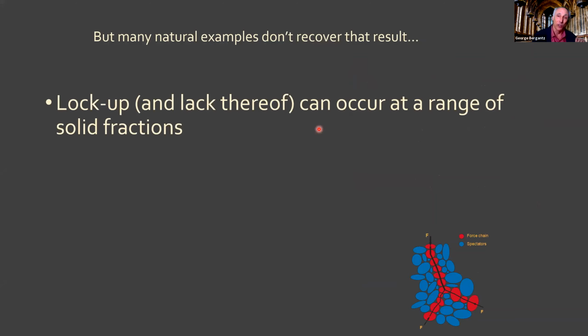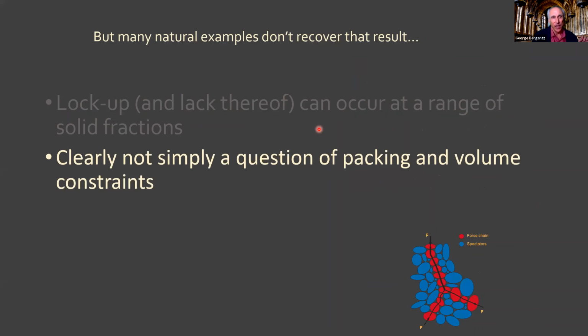Lockup or jamming, or the lack thereof, can occur at a range of solid fractions. And it's clearly not a simple question of packing and volume constraints, because you have both steric controls, which is volume exclusion, as well as the onset of friction at particle contacts, which gives rise to force chains, which is the fact that force is distributed very heterogeneously in granular materials.